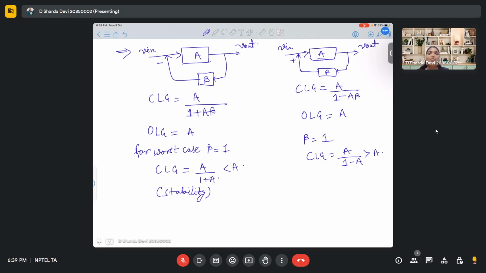Say you have an op-amp. Your op-amp open loop gain is very high, like 10 to the power 5 to 10 to the power 6 in general. Now, if you use it in a positive feedback loop, you will increase the gain further. So let's say you have got a gain of 10 to the power 10.